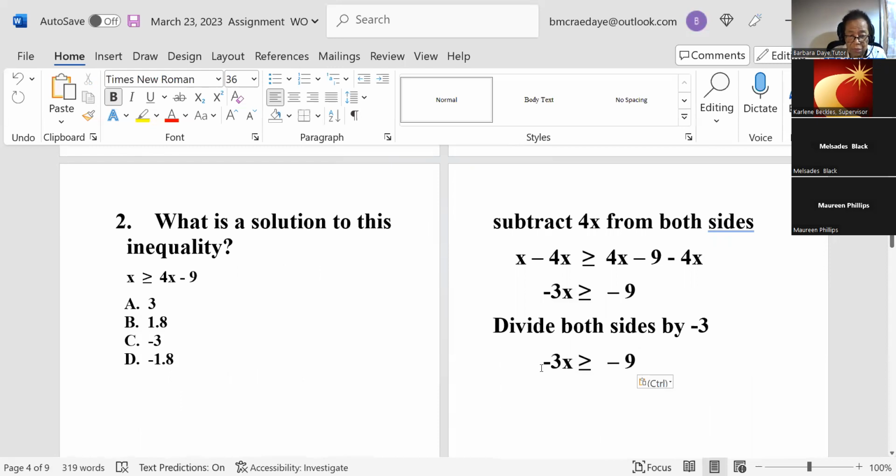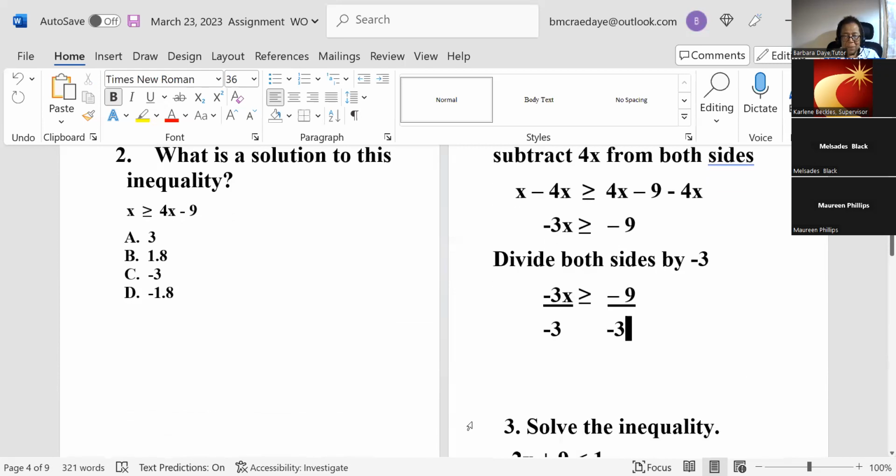Put your -3 underneath over here, okay? And do the same with the -9. So put -3, -3, and then on the right side, -3. What do you have left? What I have left is x. That's right. That would just be x.